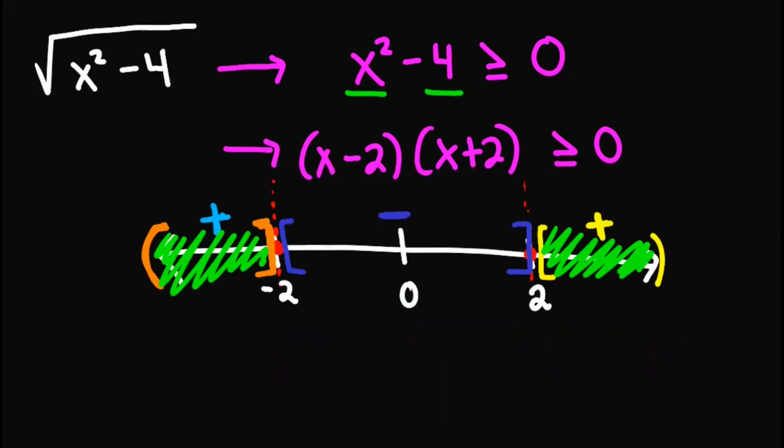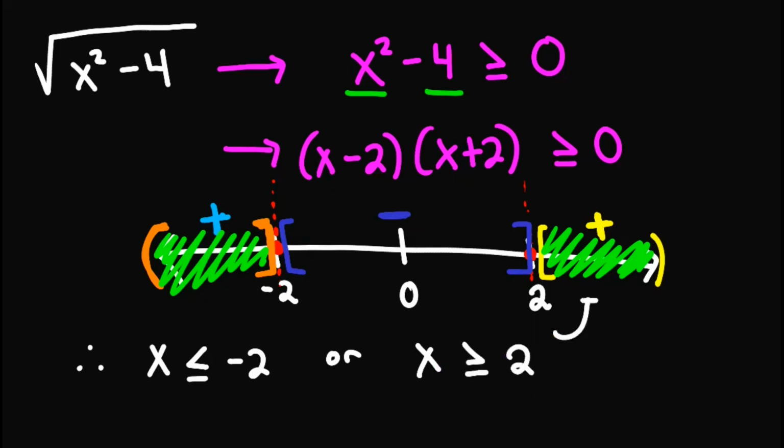And so with that, we can conclude that the domain for this radical expression is x is less than or equal to -2. So this region is this one. Or we can have x is greater than or equal to 2. So it's this region.